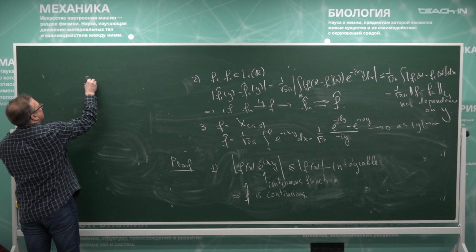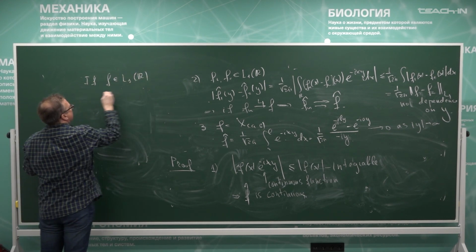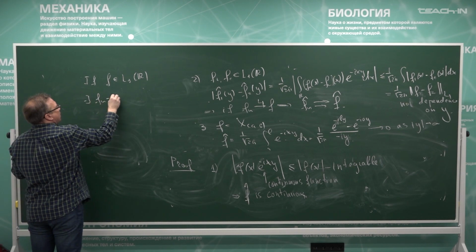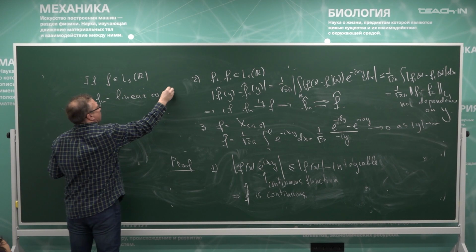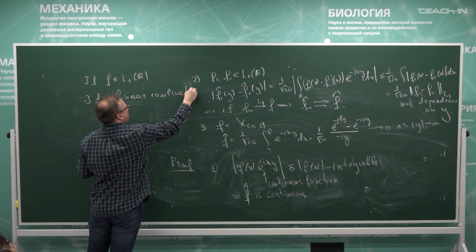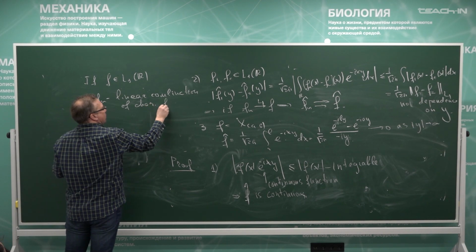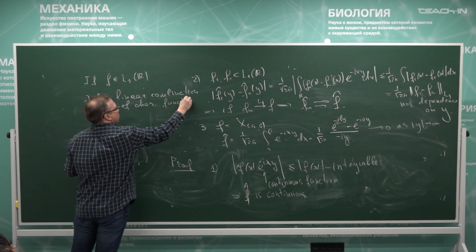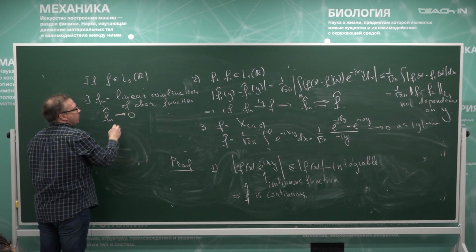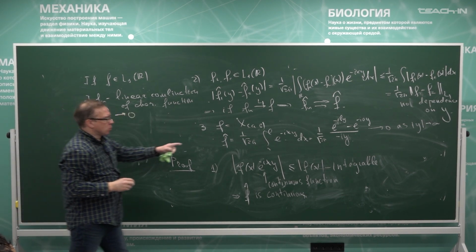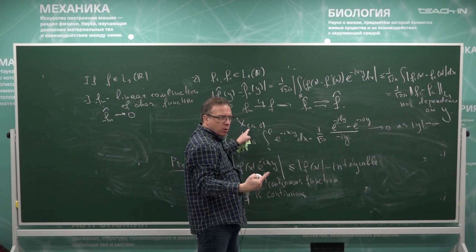If f belongs to L1 on the axis, then there exists Fn, a linear combination of characteristic functions. For characteristic functions, we know that the transform tends to 0 at infinity, yes? And so for any finite linear combination.